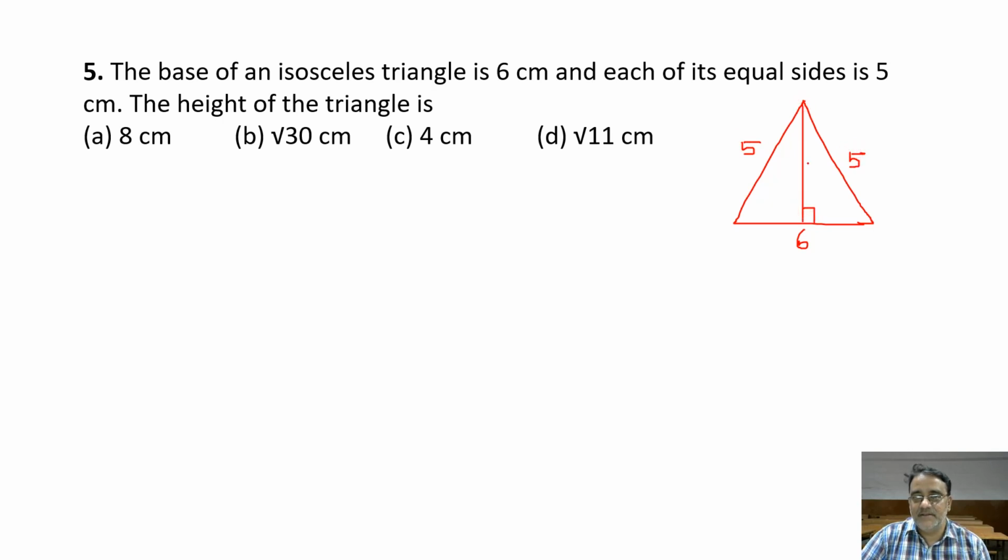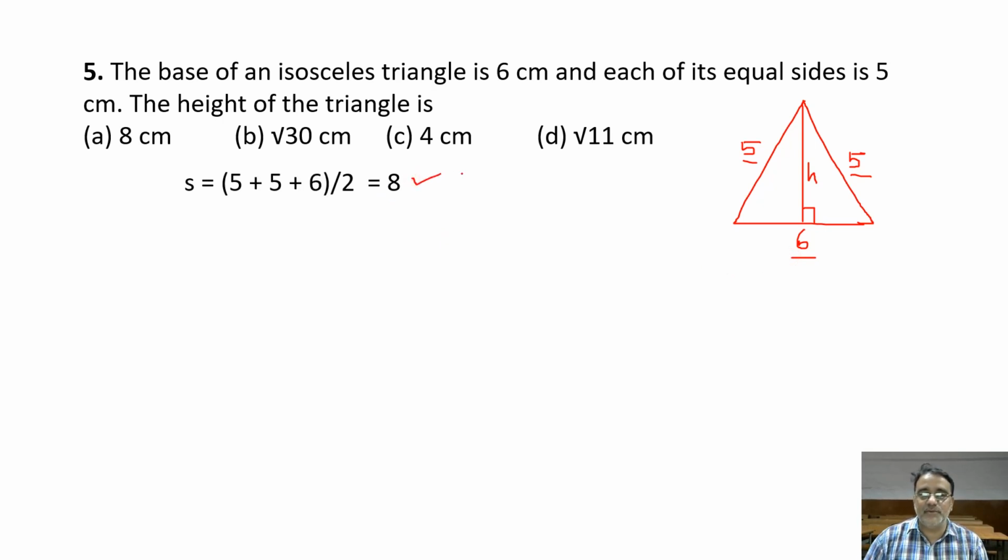Okay, h, right? तो सबसे पहले हम लोग area of triangle find करेंगे. So what is the sum of all the three sides? 5 plus 5 plus 6, 16 by 2 is 8. So semi-perimeter is 8.